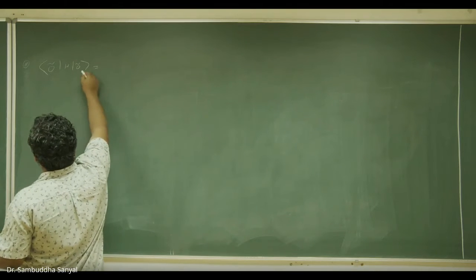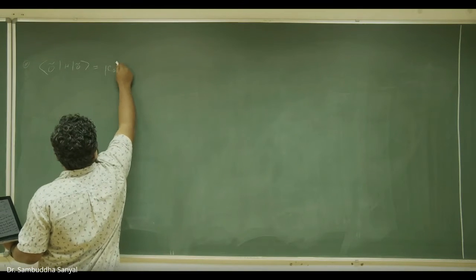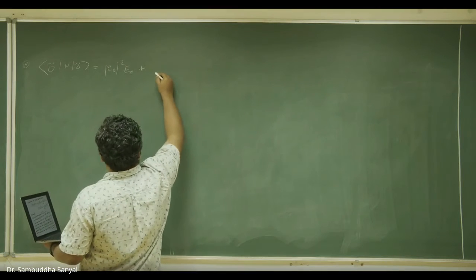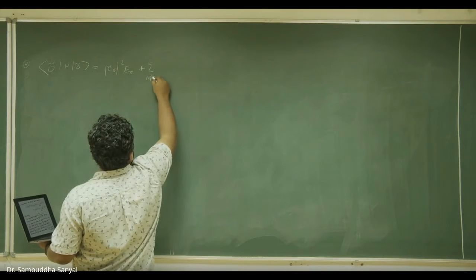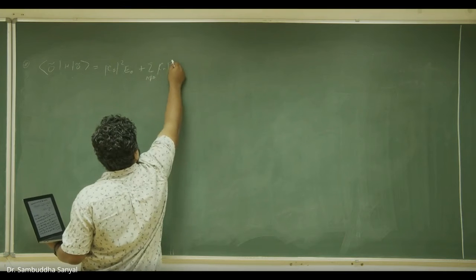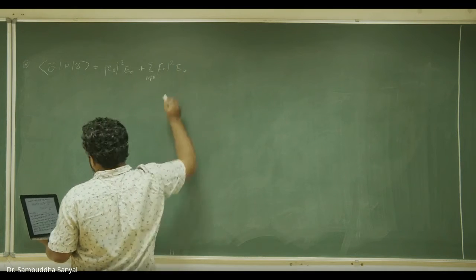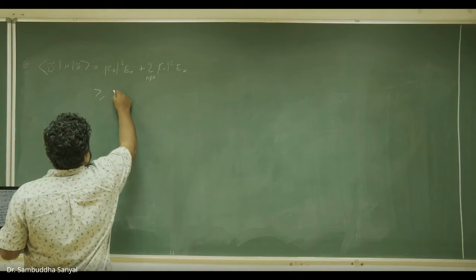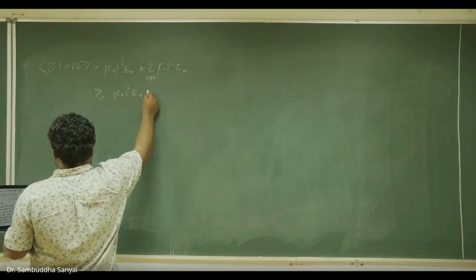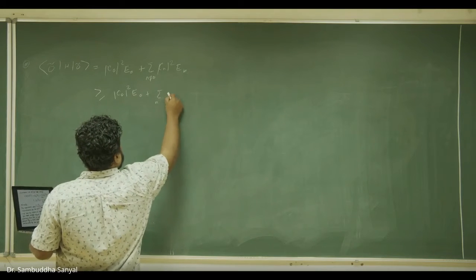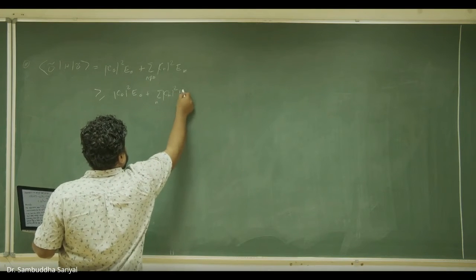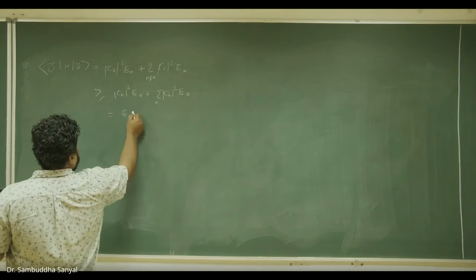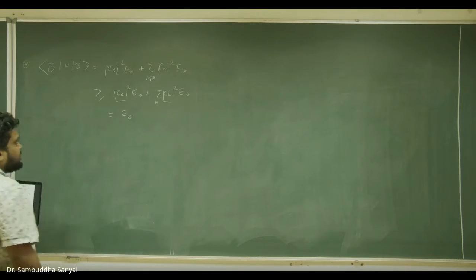So the expectation value of the ground state energy should be C0 squared E0 plus the sum of Cn squared En, and this must be greater than or equal to C0 squared E0 plus the sum of Cn squared E0, and this is nothing but E0, because the total sum is 1.